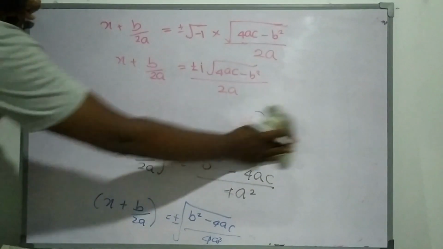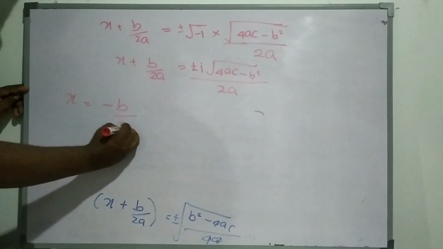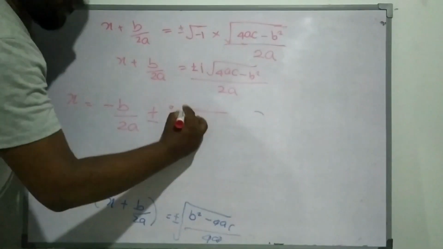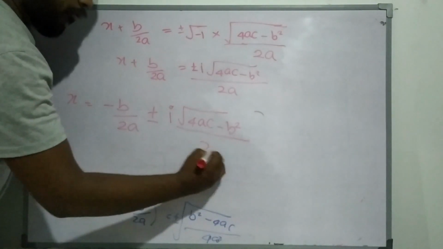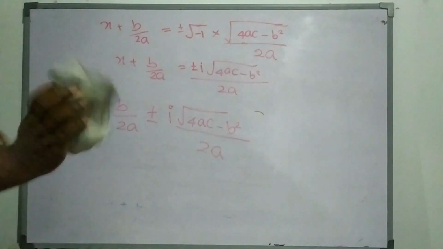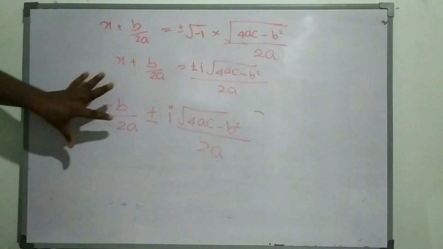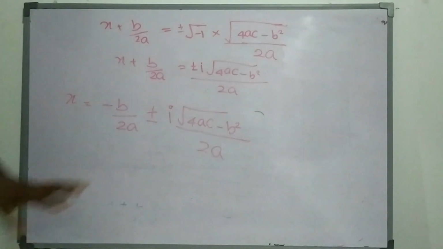Therefore the roots are minus b over 2a plus or minus i times the square root of 4ac minus b square over 2a, right? So again you can see plus or minus. Plus or minus means only the imaginary part is getting plus or minus.